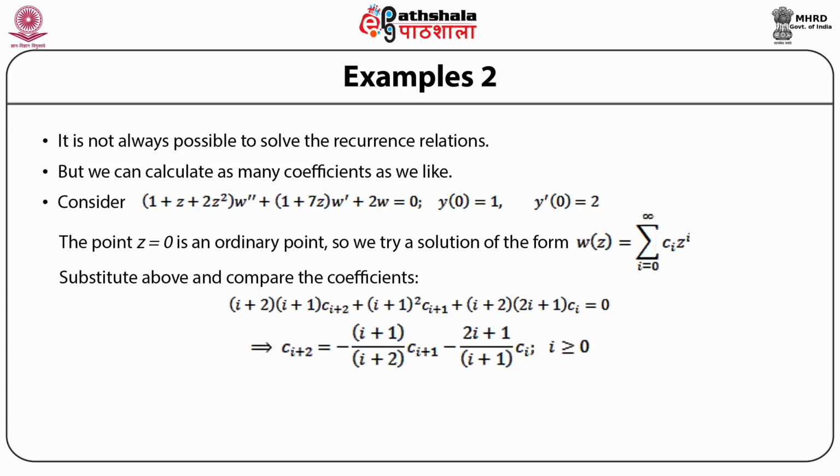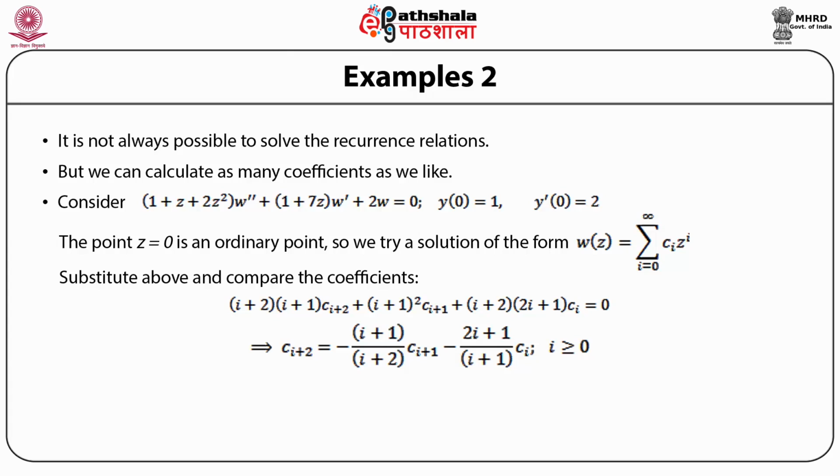Substituting in the equation above and comparing the coefficients of various powers of z, we obtain (i plus 2)(i plus 1) c_(i+2) plus (i plus 1) square c_(i+1) plus (i plus 2)(2i plus 1) multiplied by c_i is equal to 0.